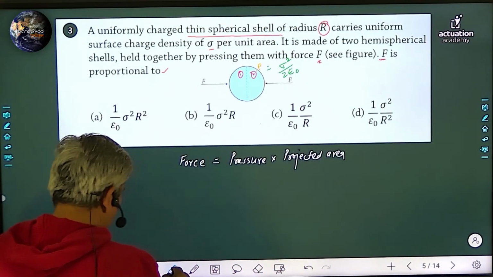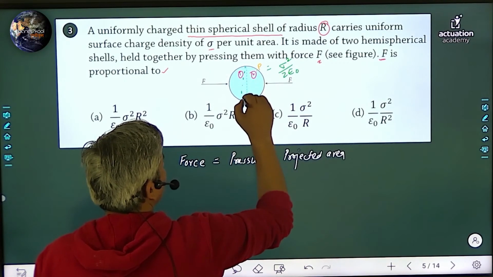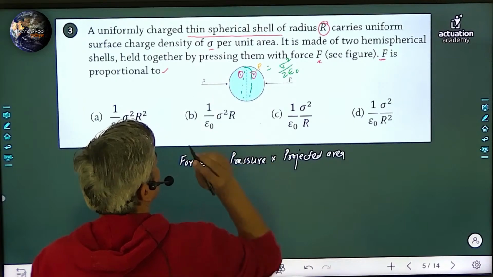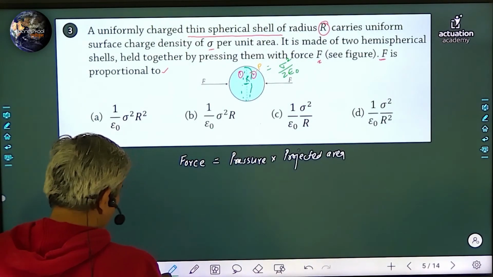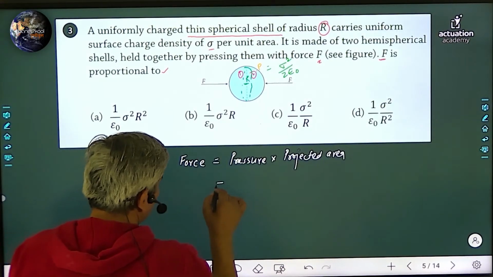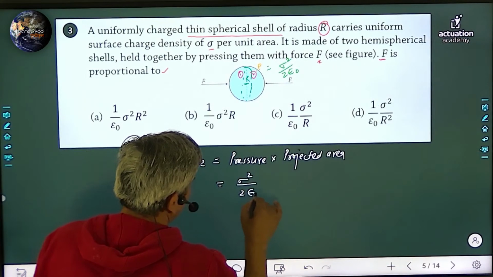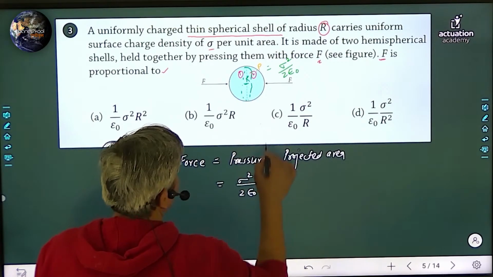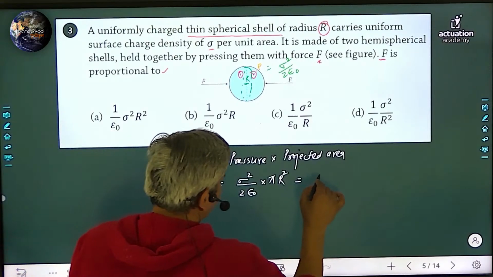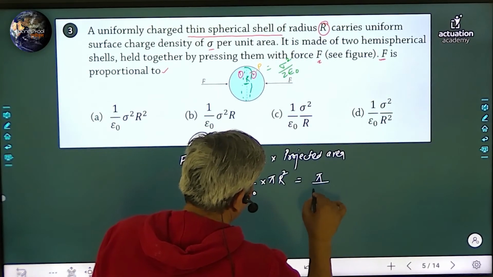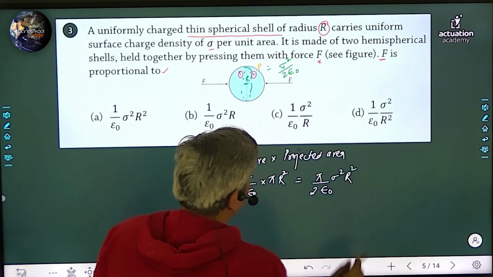Now the projected area of this hemisphere will be the area of this circle, which has radius r. So the force can be written as sigma square by 2 epsilon naught into the projected area, which is pi r square. So we get pi by 2 epsilon naught sigma square r square.